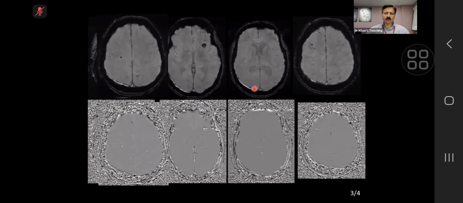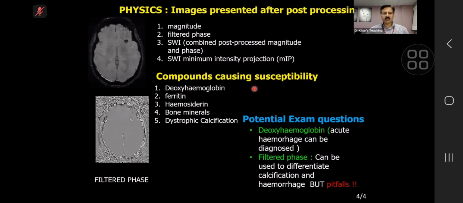Now, this case, I am just showing you for interest, and I'm not going to teach you. I believe it's a bit beyond FRCR 2B. A theoretical question can arise about SWI sequence, where please remember, compounds causing susceptibility include all of these things: hemorrhage, as well as iron, as well as hemosiderin, deoxyhemoglobin is acute hemorrhage, minerals, and calcification.